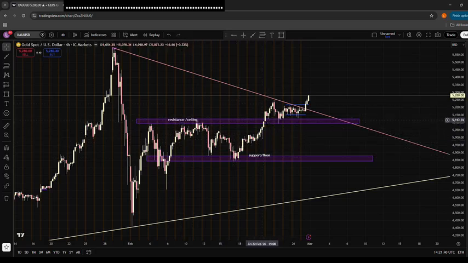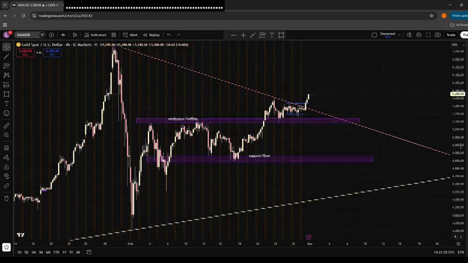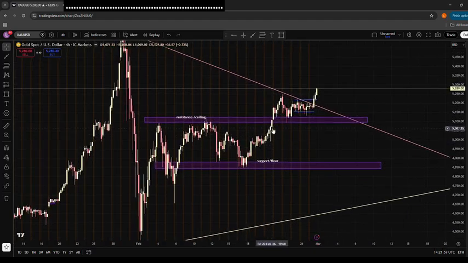So it's either going to break above, through the ceiling, or it's going to break below the support or the floor. If it breaks below, we're looking for a sell. If it breaks above, then we're looking for a buy. Now, what you can do is as soon as it breaks through, you can put a buy on and follow it up with a trailing stop loss. If that's how you trade, I do always trade with a trailing stop loss.